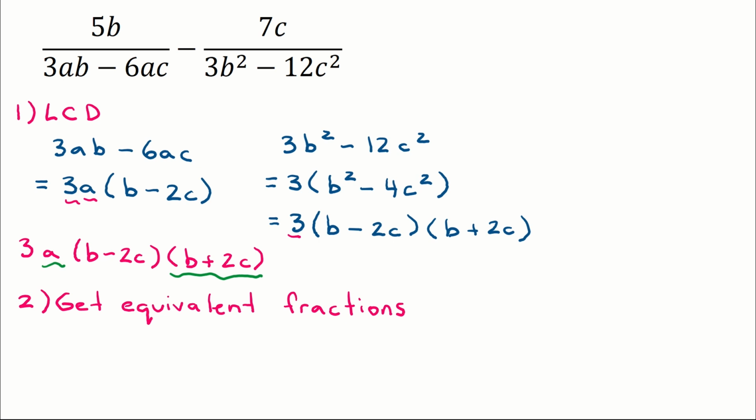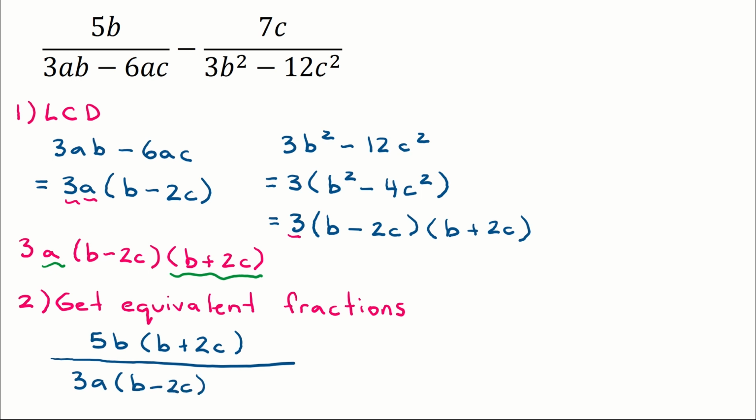Our first fraction will be 5b. We are multiplying that by b plus 2c, and our denominator is now going to be the common denominator. So 3a, b minus 2c, b plus 2c. Then we're subtracting our second fraction, which is missing an a.